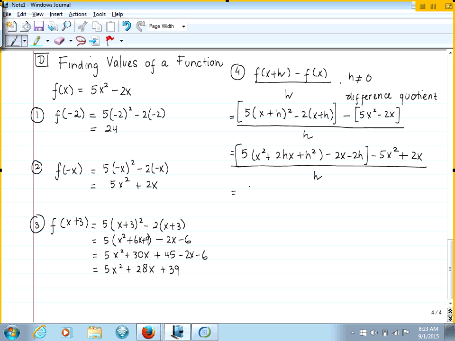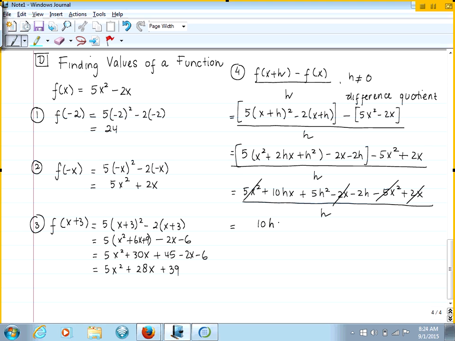All right. So what do I have? 5x squared plus 10hx plus 5h squared. Is that right? Minus 2x minus 2h minus 5x squared plus 2x over h. So which ones cancel? 5x squared?